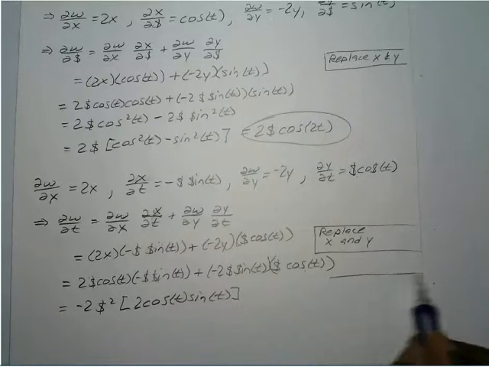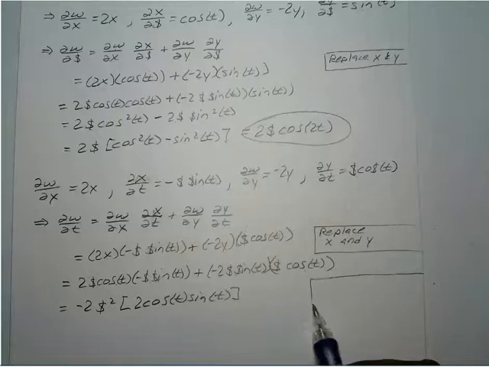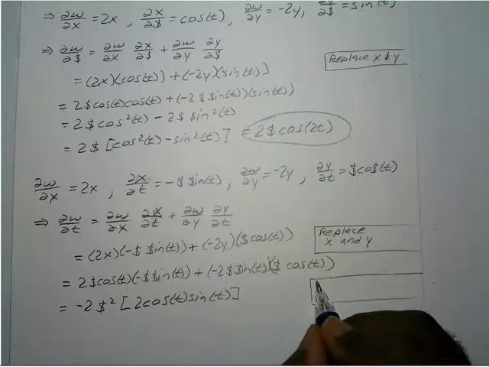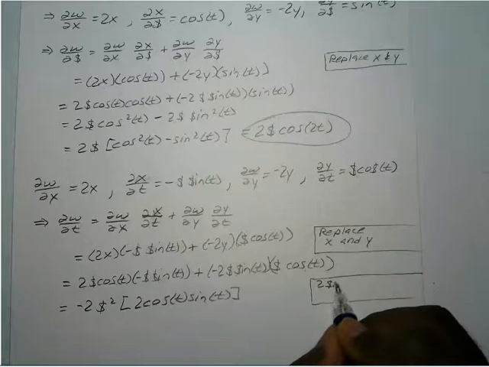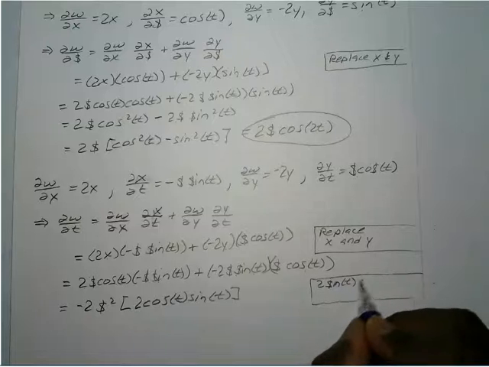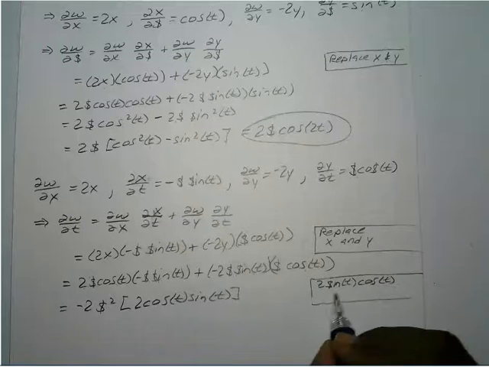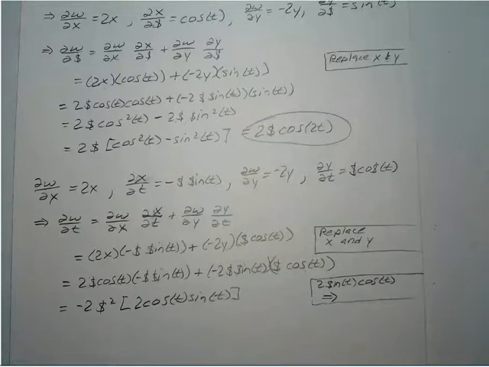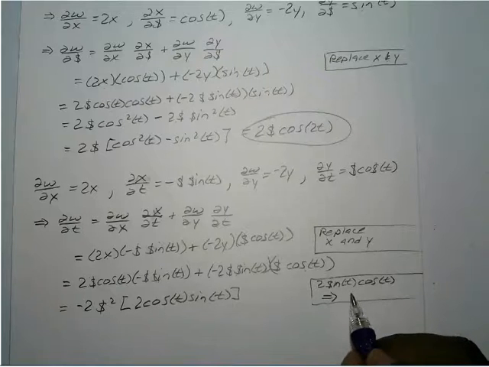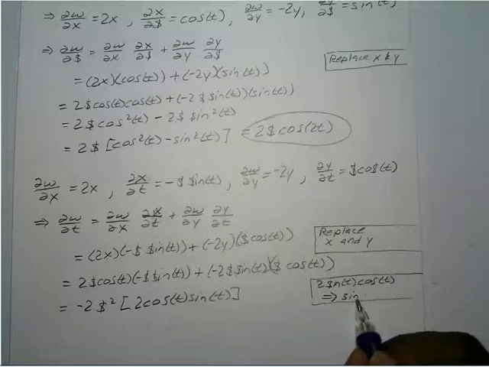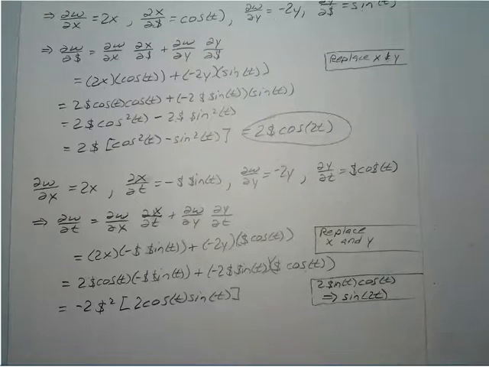Okay. But we also know that 2 sine of t cosine of t is actually equal to sine of 2t, for your trig identities.